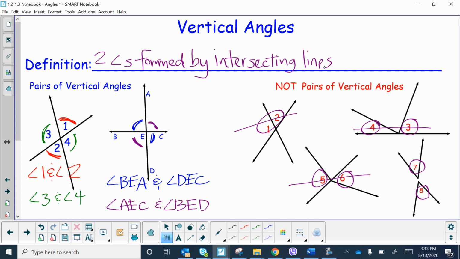So two angles formed by intersecting lines that are not, and we're going to use a vocabulary word, that are not adjacent.